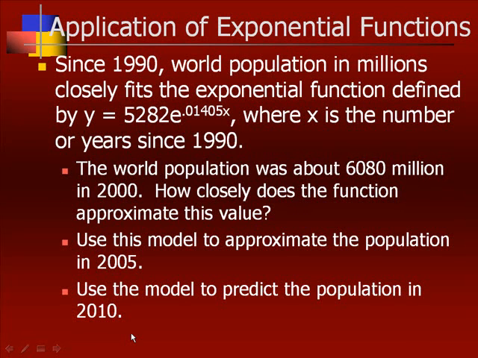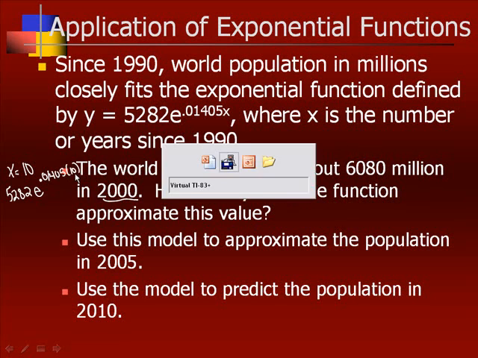Well, the formula says x is the number of years since 1990, and we're talking about the year 2000, so for our problem, x is going to be 10. So it'd be 5,282 times e to the 0.01405 times 10.